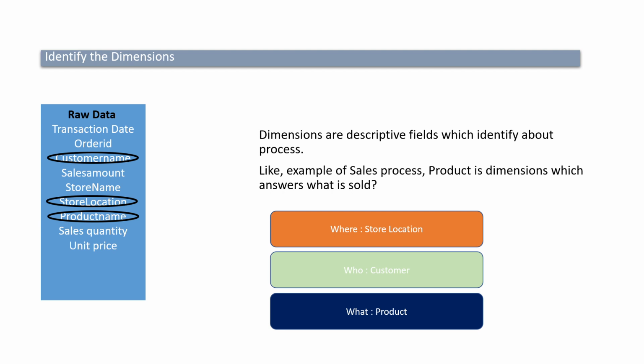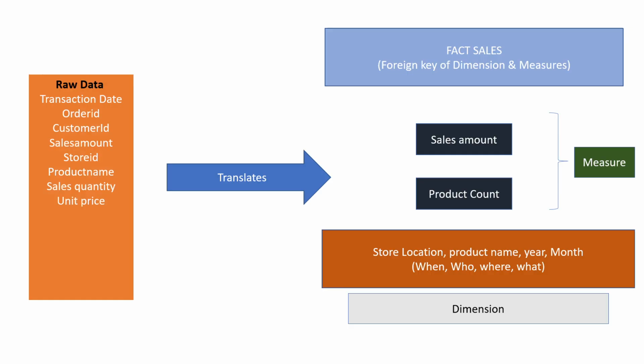Now, the same raw data which you translated into the dimensions, you also have to use to build your fact table. Fact tables are the tables which contain the foreign keys of dimensions. Like here the customer is your dimension, so your fact will have the customer ID as a foreign key, and numerical values which will be used to create the KPIs or measures that will identify how your business is doing.